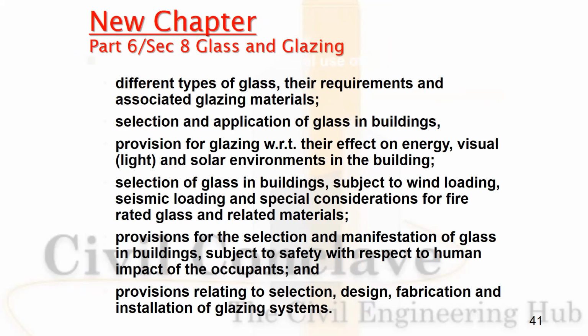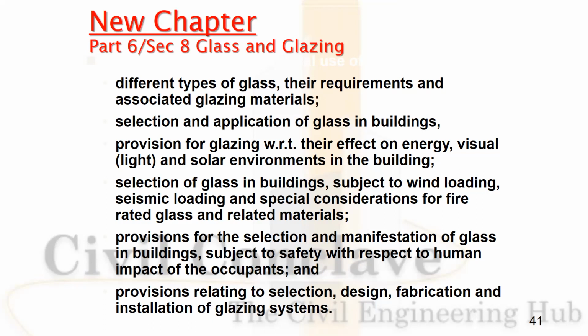Glass and glazing, that is Part 6, Section 8. Provision for glazing with respect to the energy and solar environments of the building has been included. Selection of the glasses in the building subject to wind loading, seismic loading, and special consideration. Provision for selection of manifestation of glass in building subject to safety with respect to human impact.